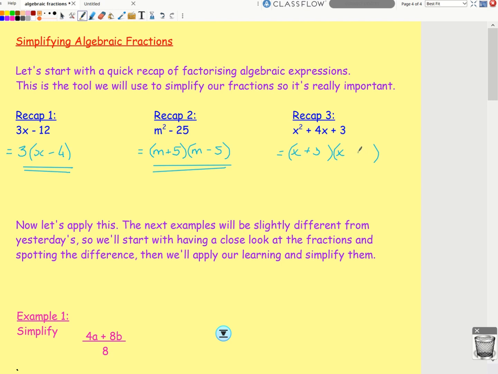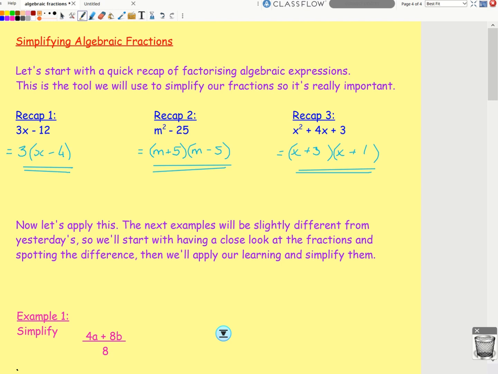So I've got a plus 3 and a plus 1. 3 and 1 add to give me 4, and multiplied together they give me 3, so that's my correct answer there. Now your teacher might have taught you a different way to factorise trinomials. That's absolutely fine, you can use any technique you're used to, so stick with what your teacher's already told you so far.